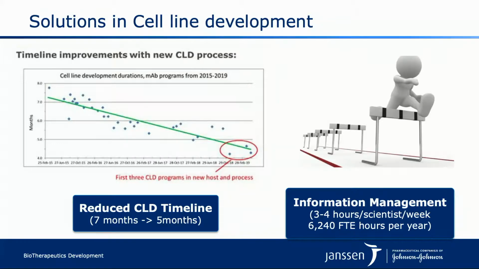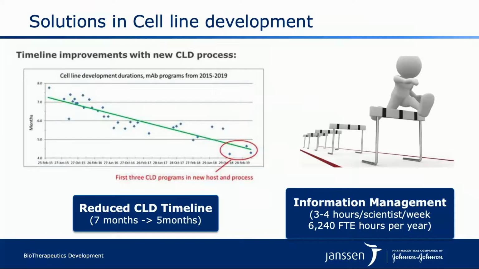So here I showed one solution in cell line development to shorten the timeline, which is that over the years we have reduced the timeline from 7 months to 5 months, but we still have another hurdle to overcome, which is information management. It was estimated that every scientist spends 2 to 4 hours per week to gather the information they need, because the information is spread all over or sitting in email.